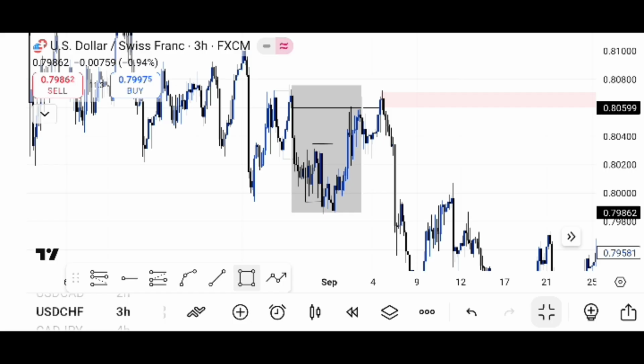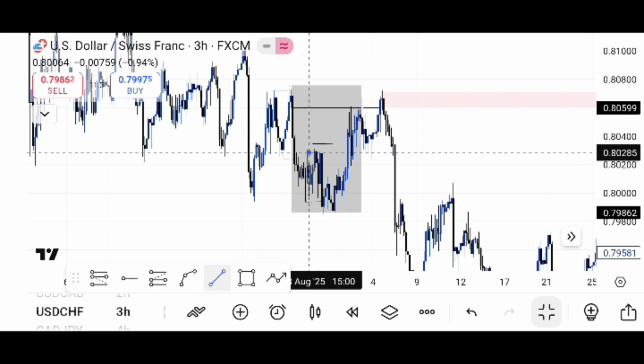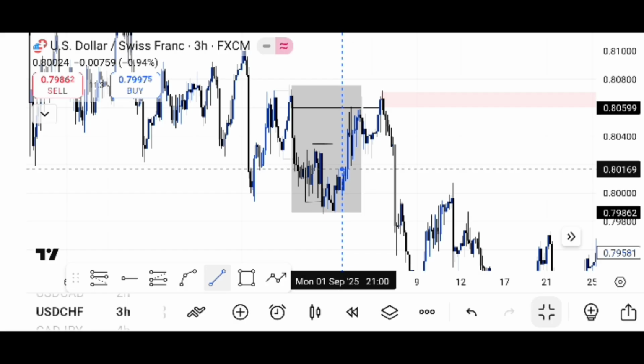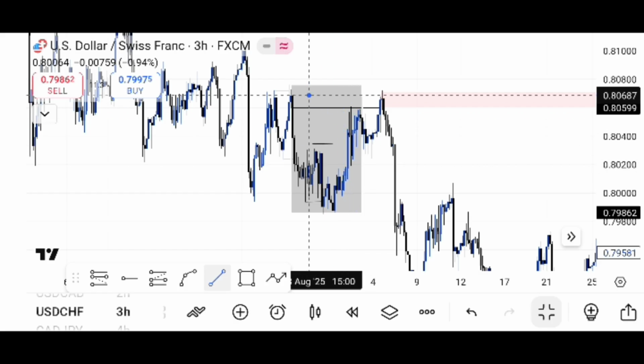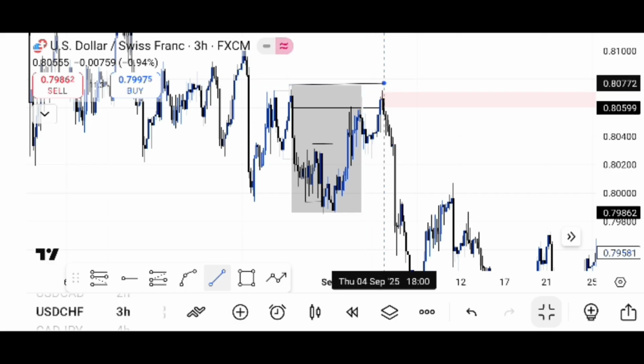Now the second phase that we want is price to refine with our block here. How will it refine? Price has to hold from breaking this high here. As you can see, price held from breaking that high at that last BOS here.